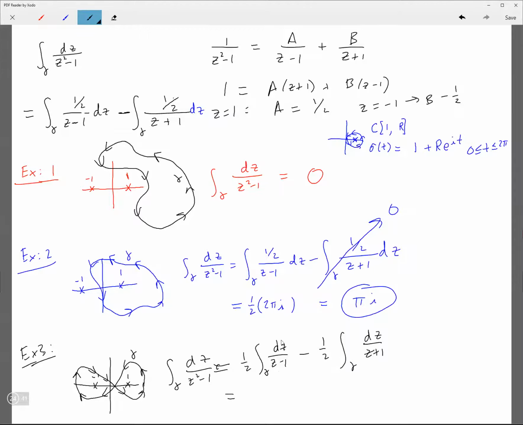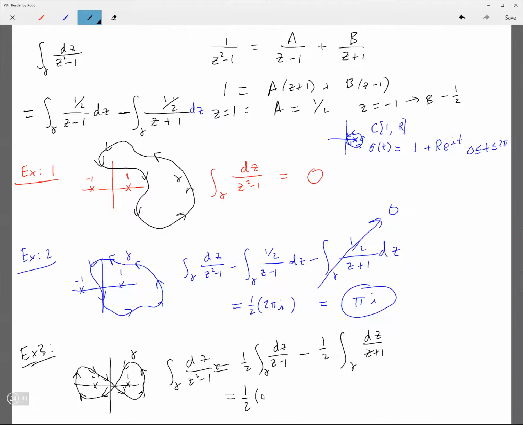Okay, so what's this integral going to be of this first one? So basically, this is like two simple closed curves, as this one and this one. Okay, so this first one, where you're going around 1, right?